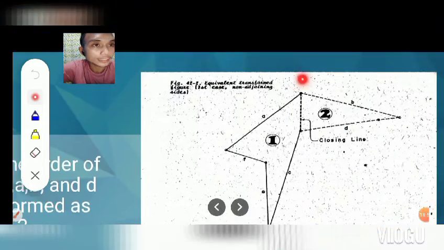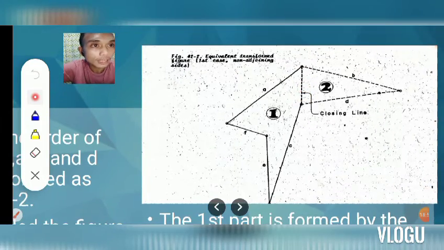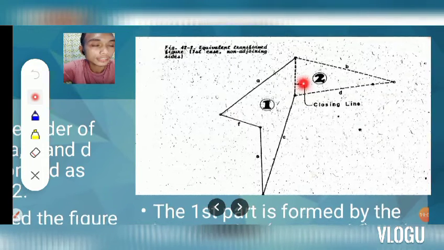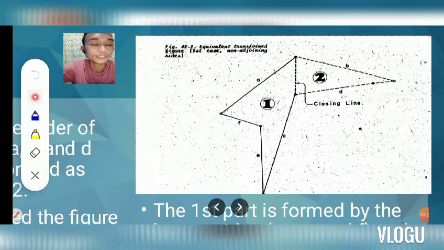So we place the closing line here, but it doesn't matter what its value is. The measures do not affect the rearranging, as stated earlier in principle number 2, I think.